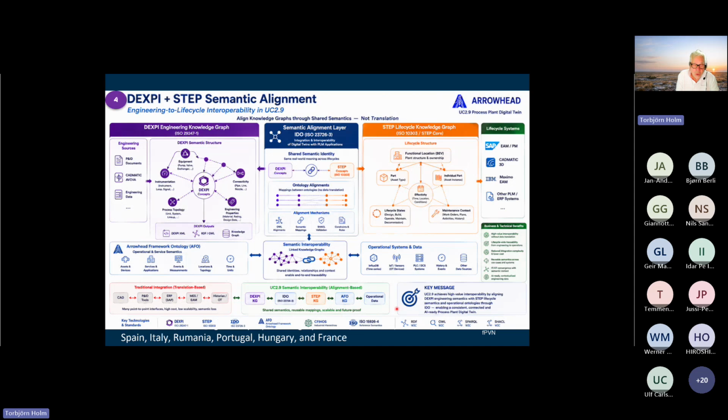We can add new aspects of a plant, adding a new standard to it and align it with the things that we already have. So we align, the overlaps are good, and we can align these concepts, and then we have an interoperable set of knowledge graphs.